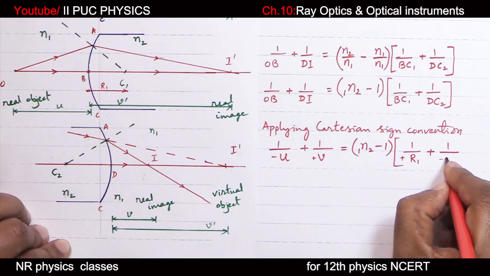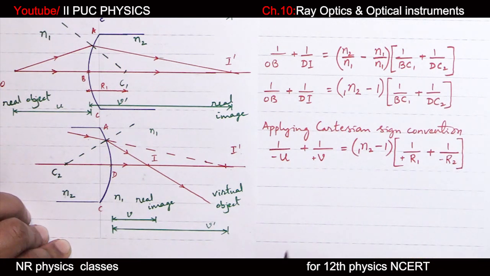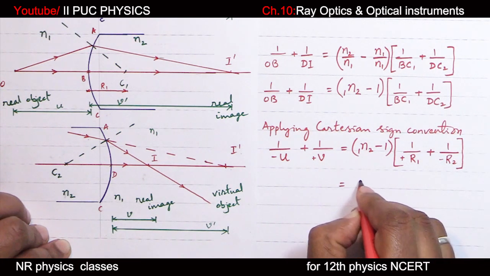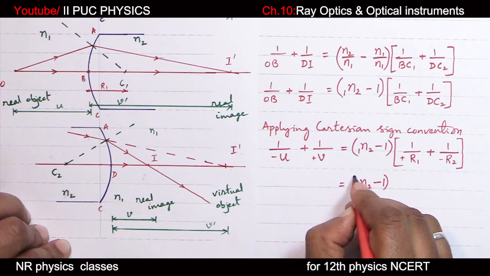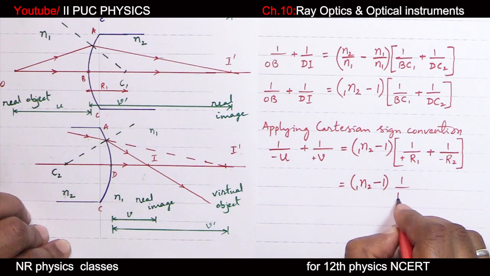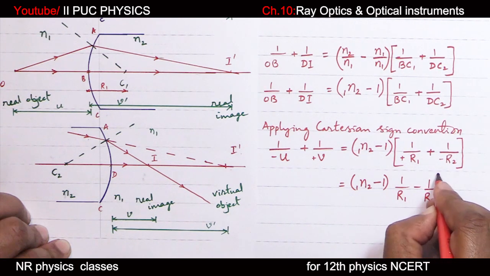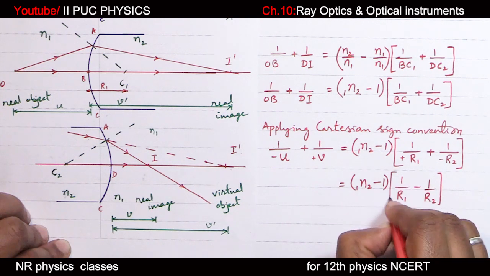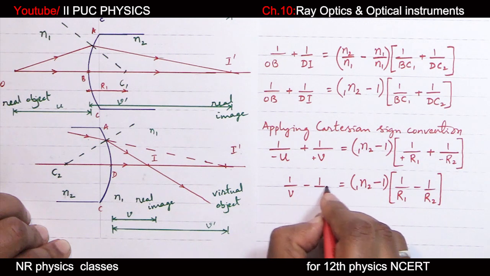So minus R2, equal to N21 minus 1 into 1 by R1 minus 1 by R2. Left hand side is 1 by V minus 1 by U.